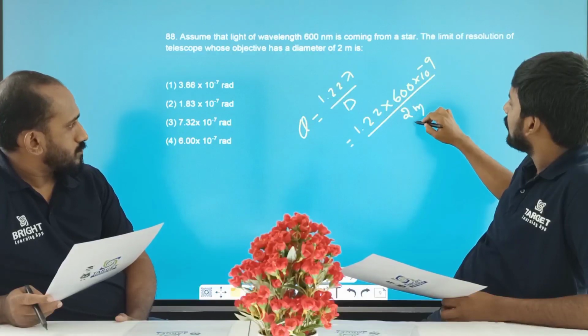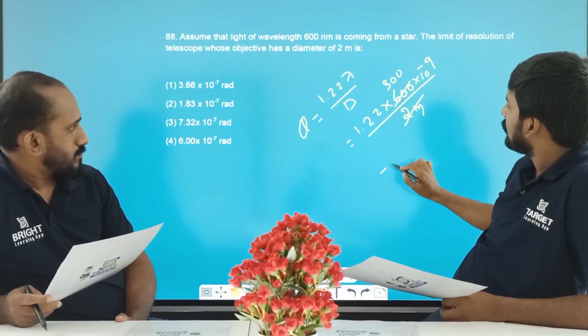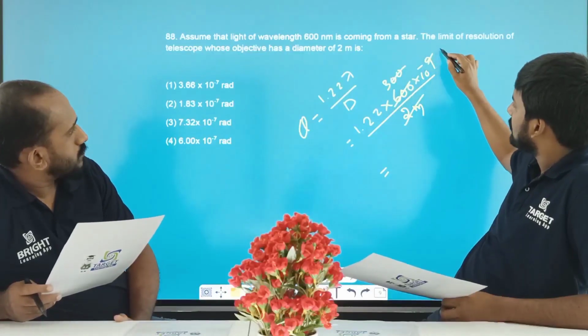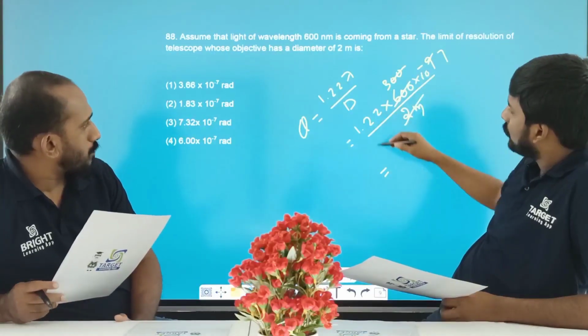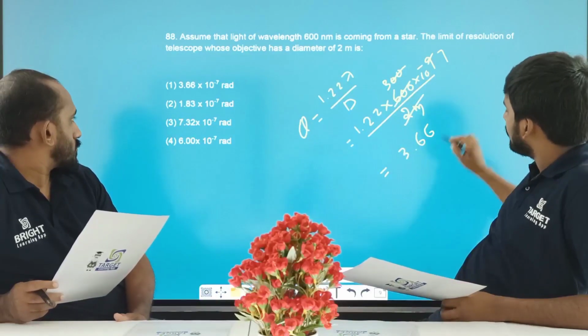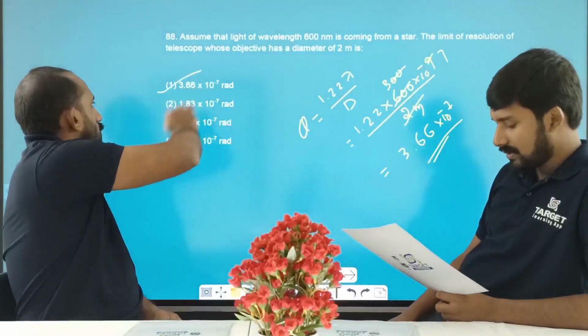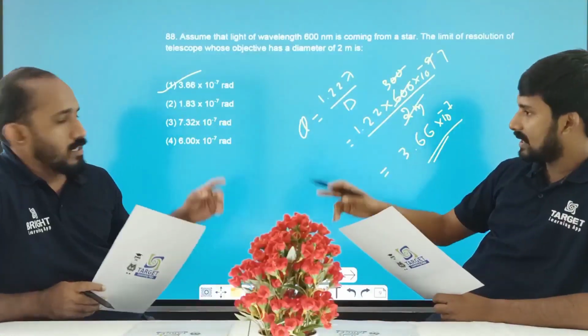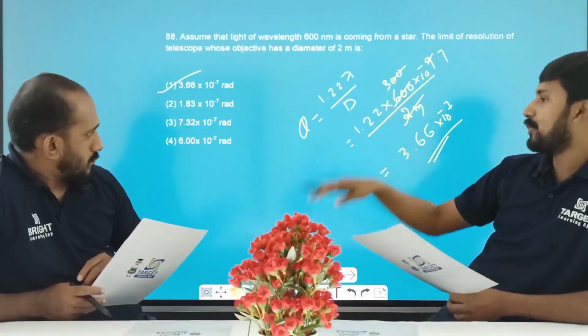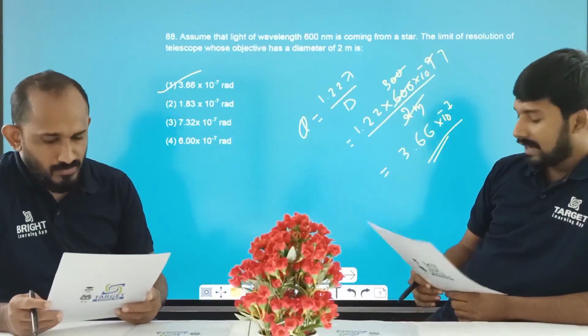Cutting, 300 into 10 raised to minus 7. Now 3 into 1.22 is 3.66, so 3.66 into 10 raised to minus 7. Answer is option 1. Resolving power RP is d by 1.22 lambda, and the limit of resolution will be 1.22 lambda by d, from the wave optics chapter.